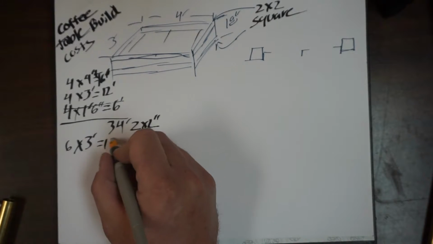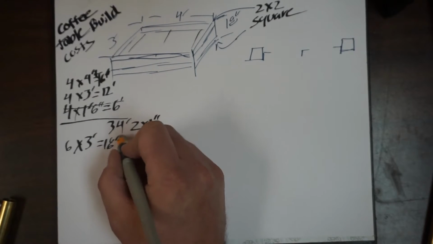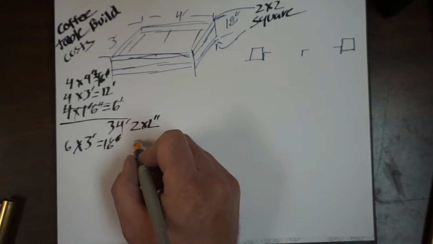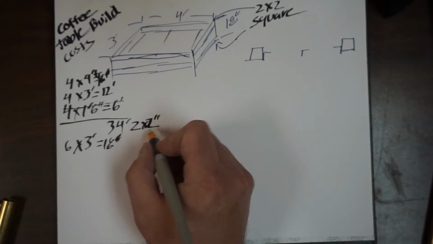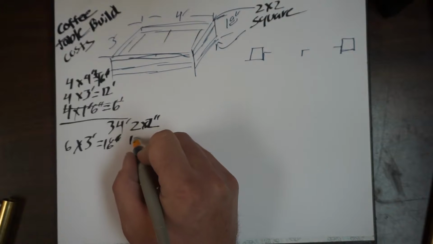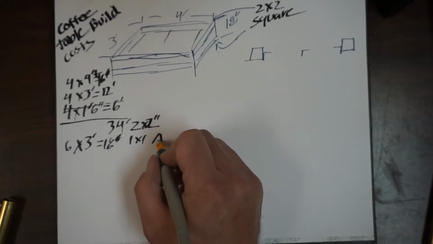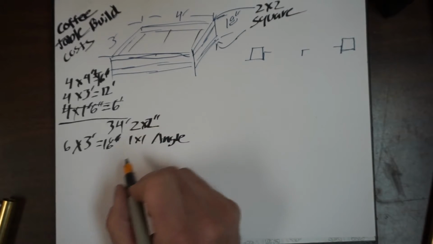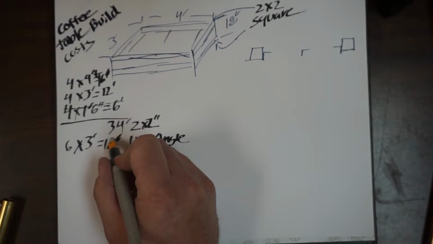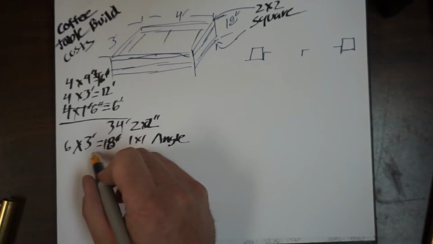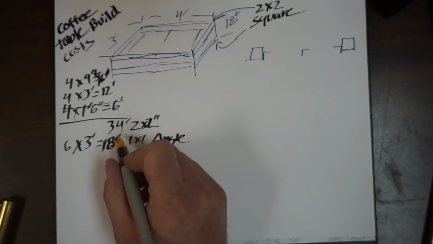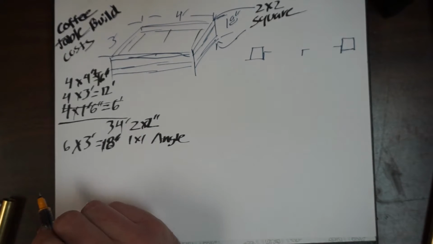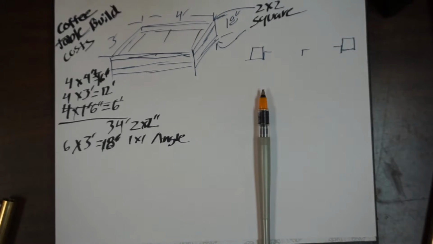Yes. So we're going to need 18 feet of 1 by 1 angle. Okay. So now we need 18 feet of angle, 34 feet of 2 by 2 square. So let's go ahead and get the prices from Ace.